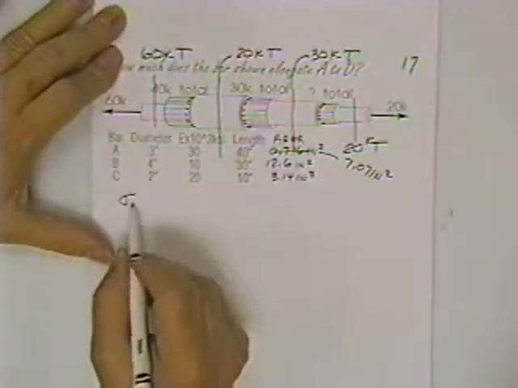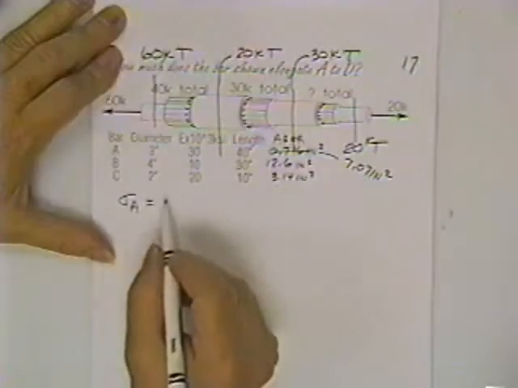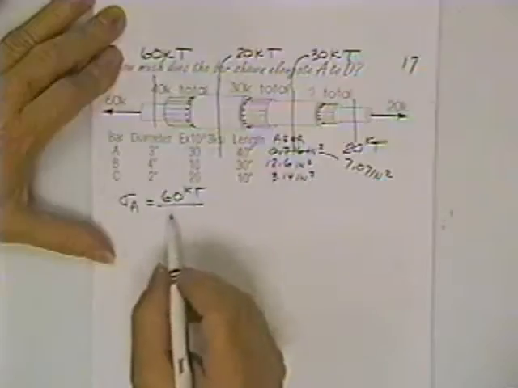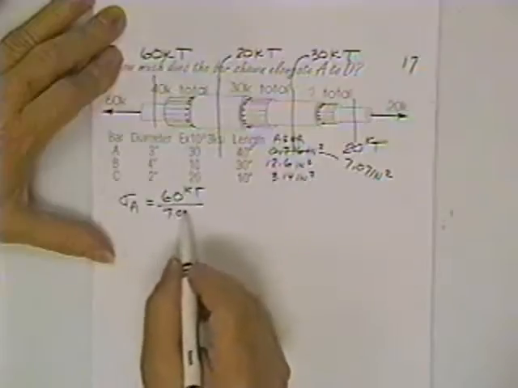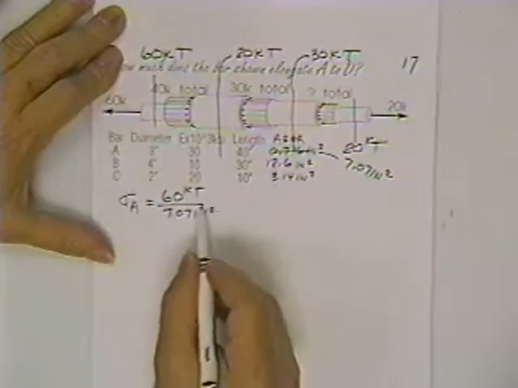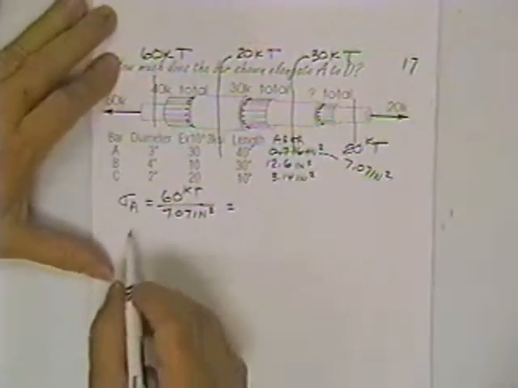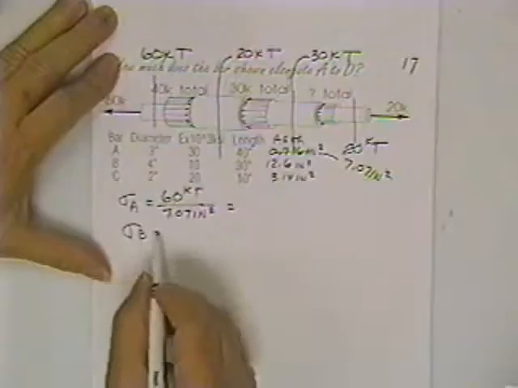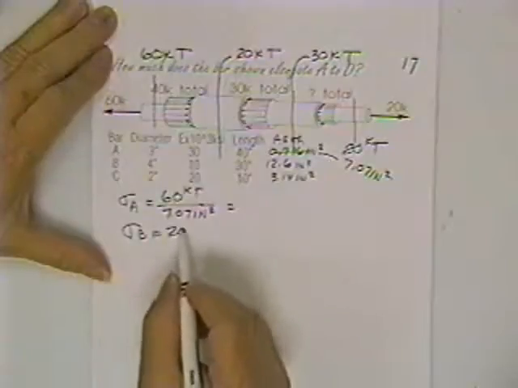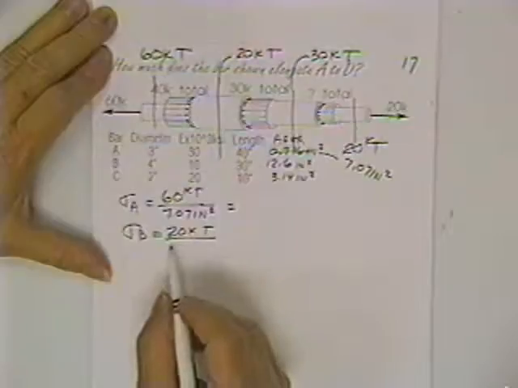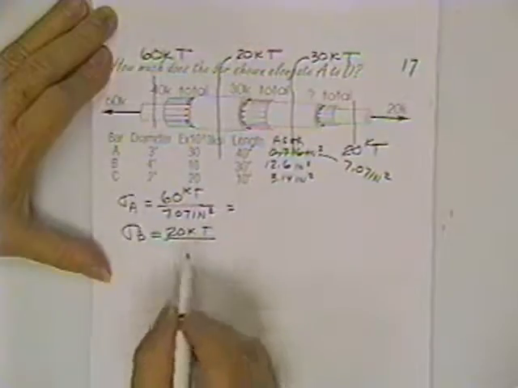The stress in bar A is load, 60 kips of tension, divided by the area, 7.07 square inches of whatever that stuff is, and it doesn't matter. We can work that out. Stress in B is 20 kips of tension, divided by its own personal area. That's interesting.